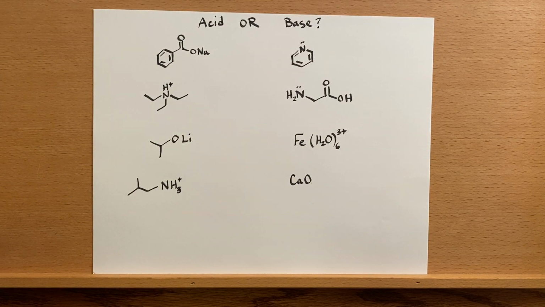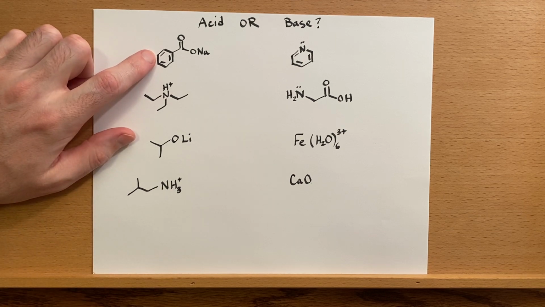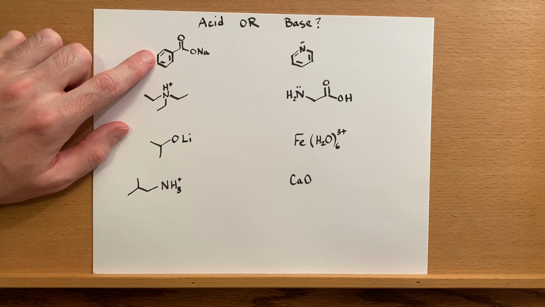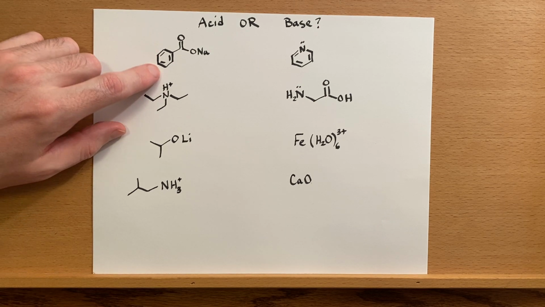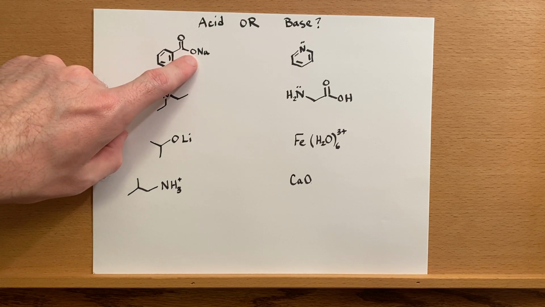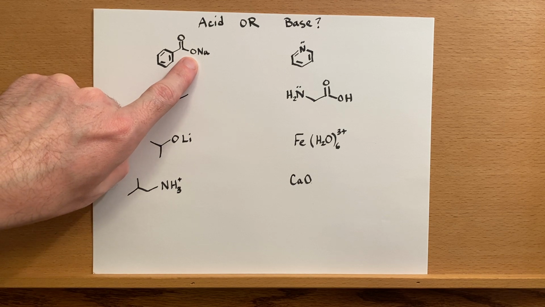I have a few more examples. We have what's called sodium benzoate right here. This is a common food preservative. It's often in a lot of sodas. There's a benzene ring here, and you'll see that we have almost that same carboxylic acid group right there.